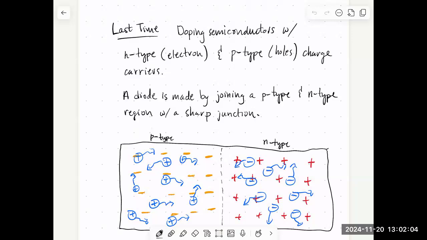These negative signs are the fixed ions of that dopant. Its charge is really +3, but I put a negative sign because it's a charge 1 less than the native silicon atoms. And we're going to make this device, this diode, by joining a piece of p-type and n-type material with a sharp junction. That's where we left off last time.